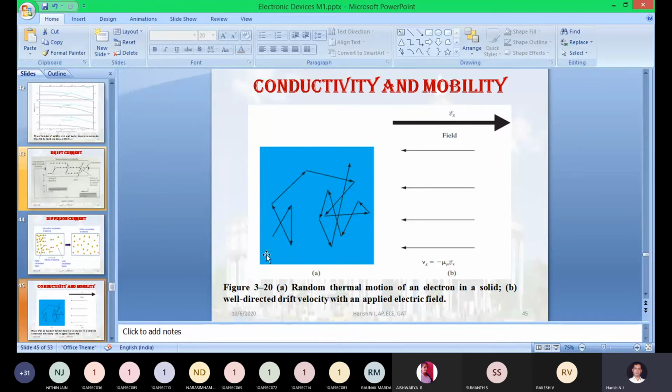In this blue picture, the electrons move randomly when we are not applying any electric field. Due to the random movement, what about the net momentum and the net current in that piece of semiconducting material? Zero, sir. It will be zero.